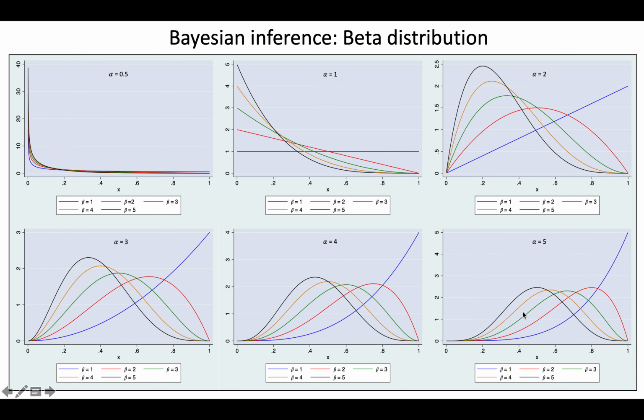So basically what the Bayesian inference does is choose whatever you think that variable follows as the distribution. So whatever you think in theory.